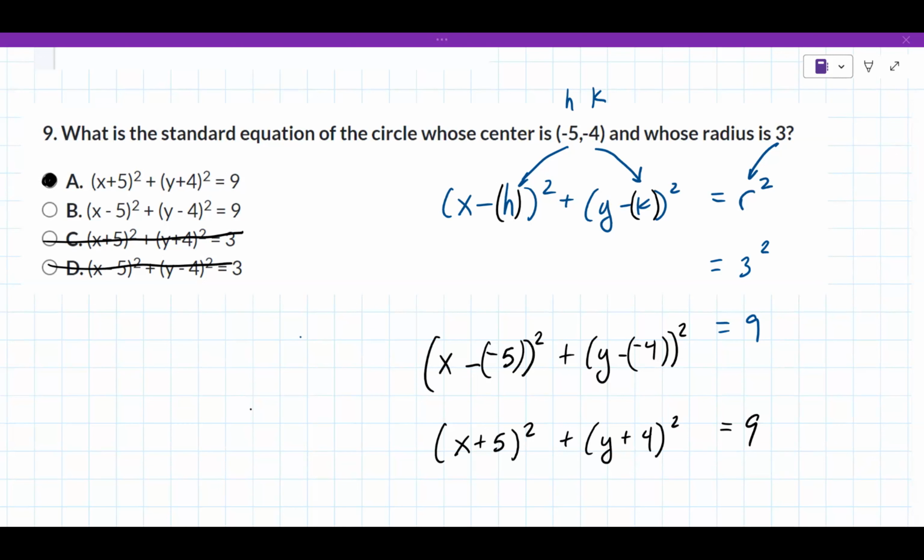What are the center and radius of a circle whose equation is x squared plus y minus 3 squared equals 144? I can just put this into Desmos.